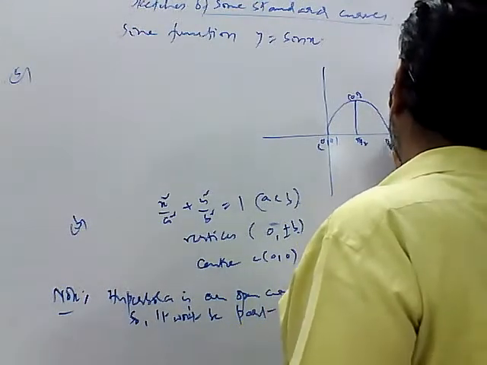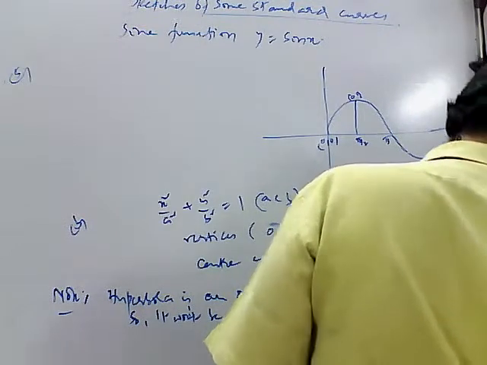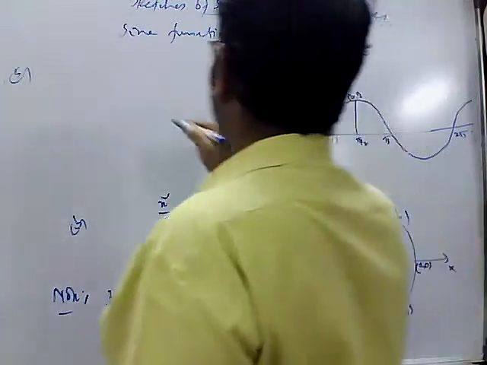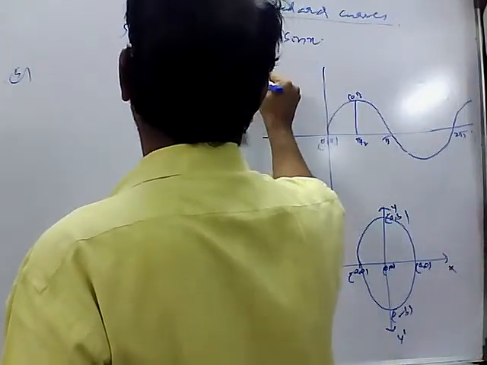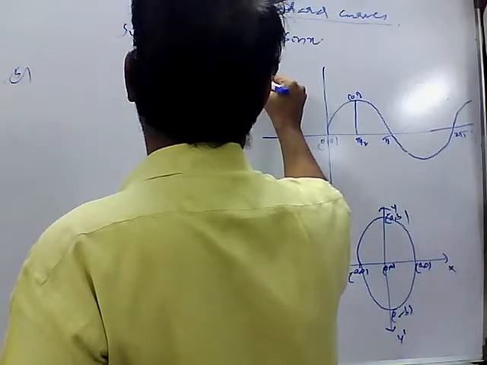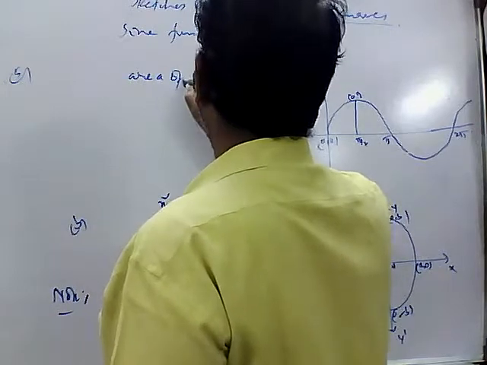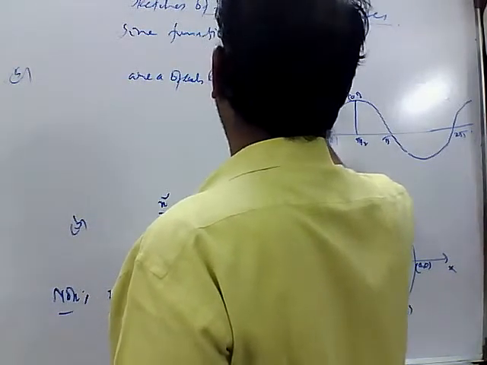Here pi, here 2 pi. Area of one loop is equal to all loops. Area of each loop is the same.